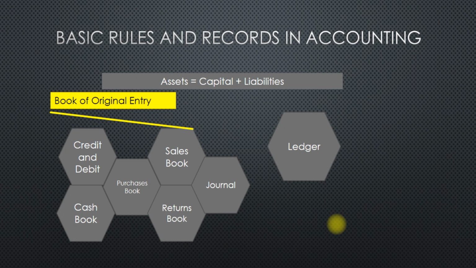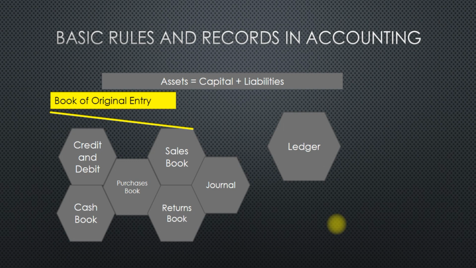There are also rules for posting to the ledger accounts from subsidiary books. For instance, first the opening entries are posted, then the cash book is posted, then purchases, sales and return books are posted, and finally the journal is posted. Posting entries from the journal shows which accounts are to be debited and which accounts are to be credited.